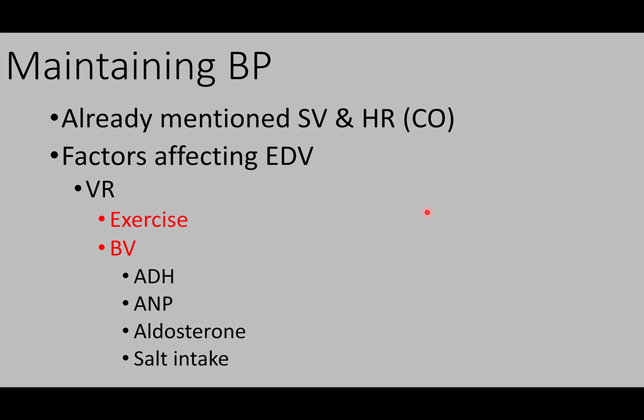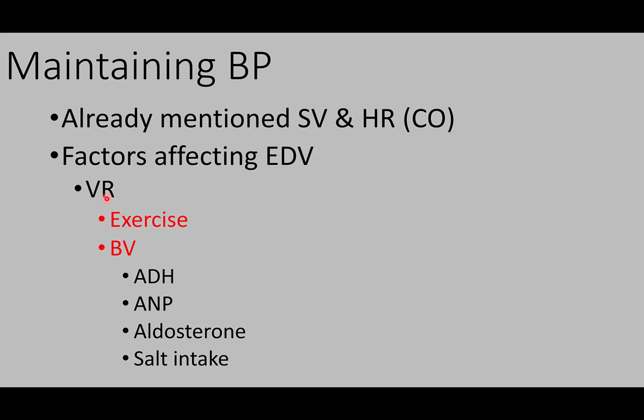So let's talk about maintaining blood pressure. We've already mentioned that stroke volume and heart rate regulate cardiac output. And we have talked about how EDV is one of the factors that impact stroke volume, which in turn regulates cardiac output. But let's now take a look at some things that regulate EDV. Well, venous return.